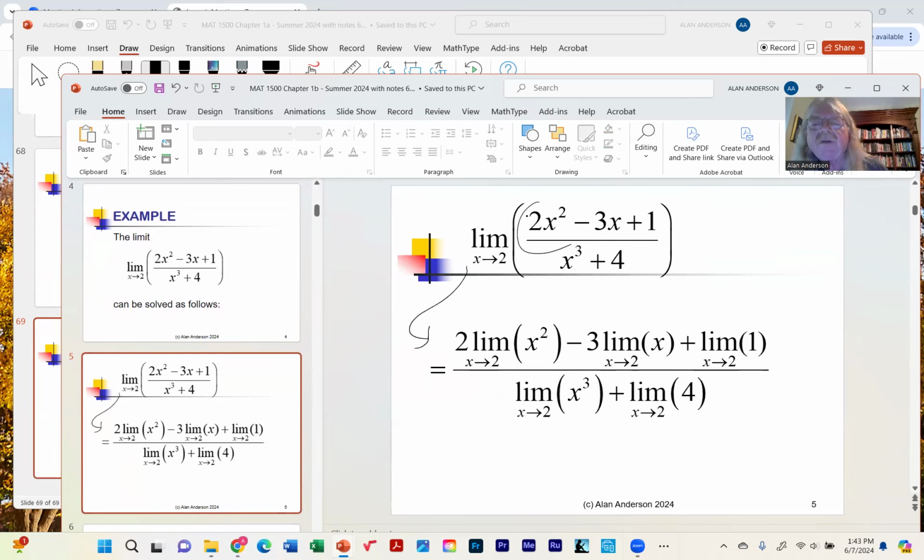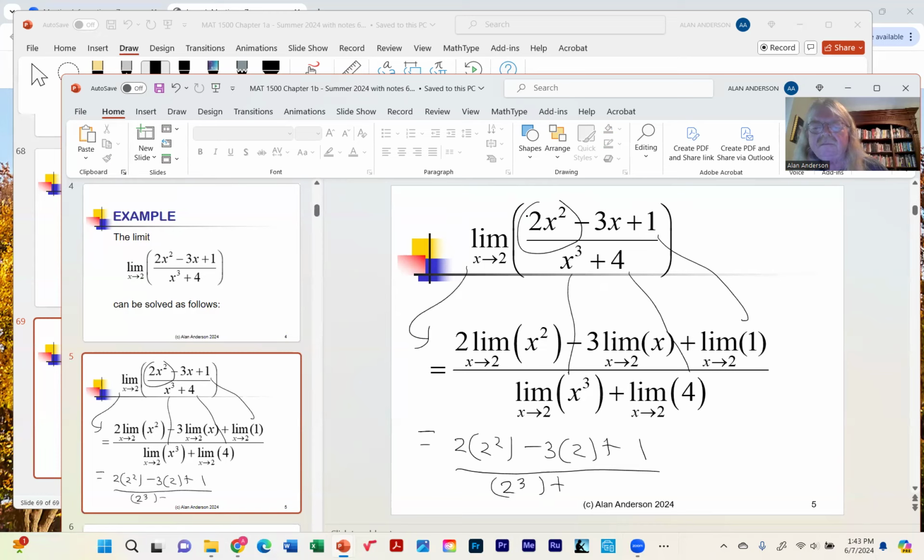This is just a constant. This is just a constant. And this just stays as the limit of x cubed. Now we do our substitutions, and we end up with 2 times 4 minus 6 plus 1 over 8 plus 4.